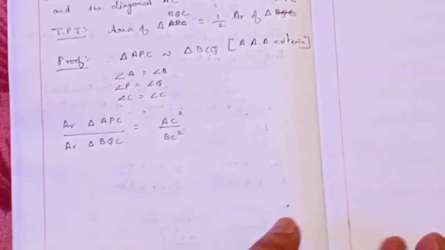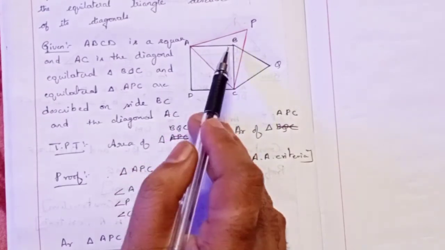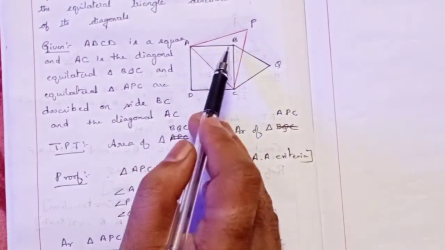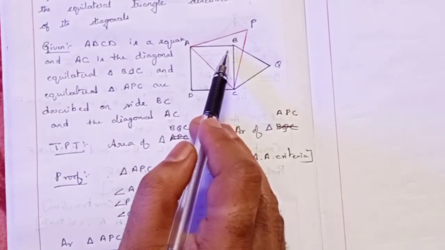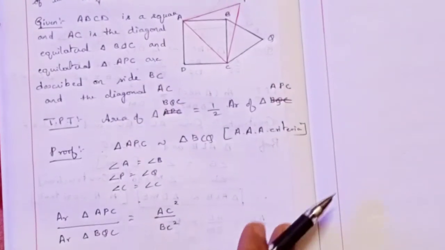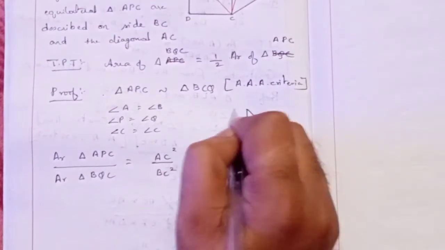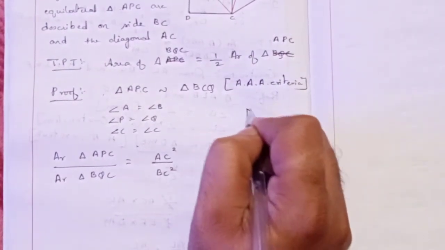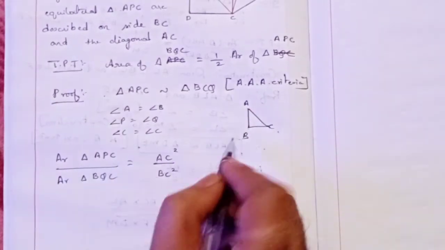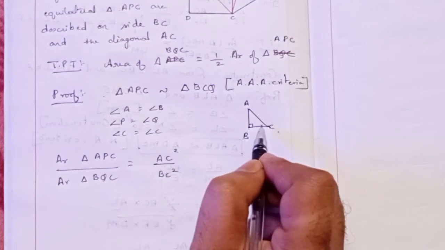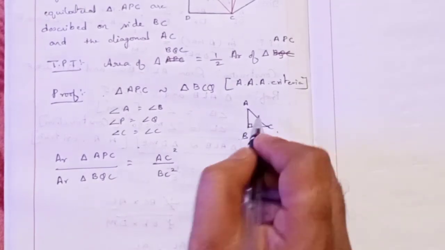If you carefully observe the figure of the square here, it looks like a right angle triangle ABC. It is a right angle triangle because each angle in the square is 90 degrees. So if I draw that figure like this, ABC. So what is the measurement of AC?